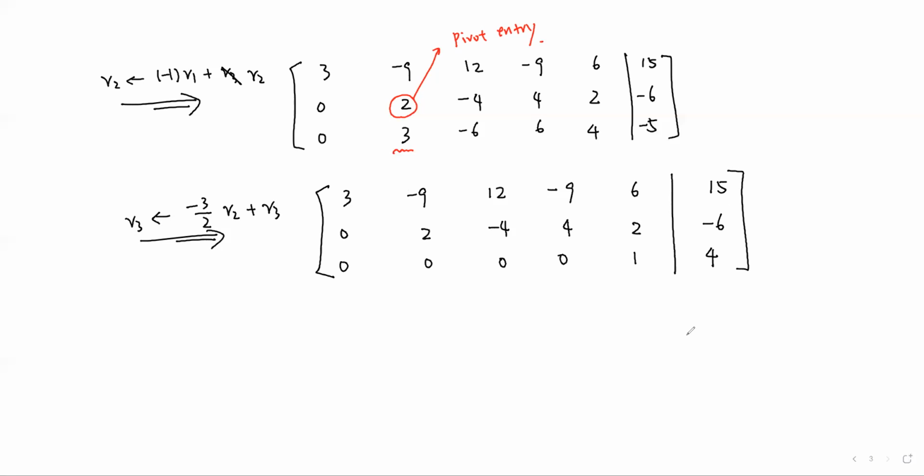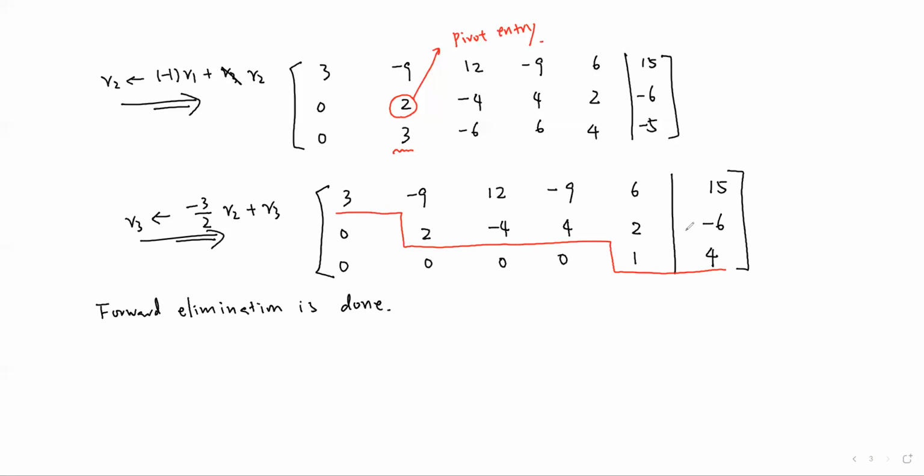Forward elimination now is done. This final matrix is in epsilon form.